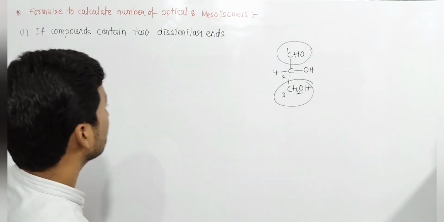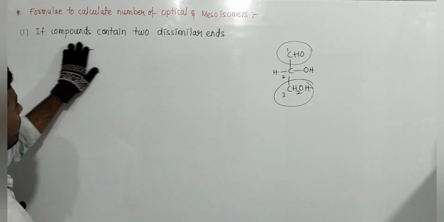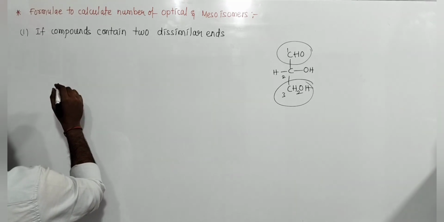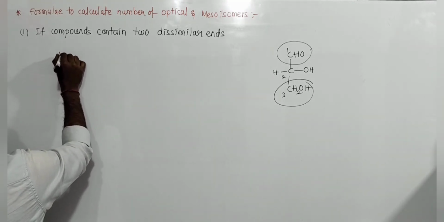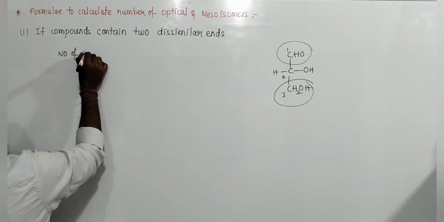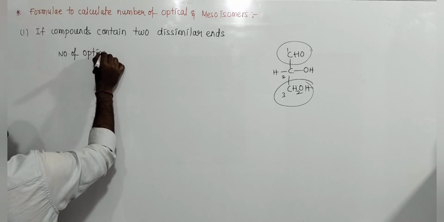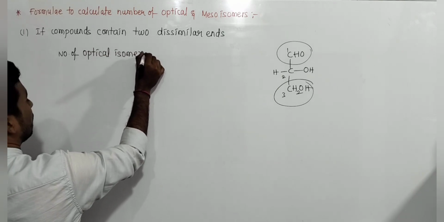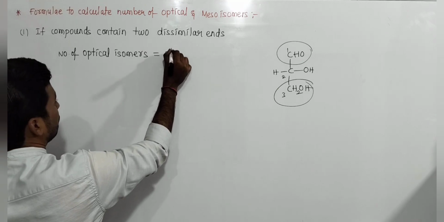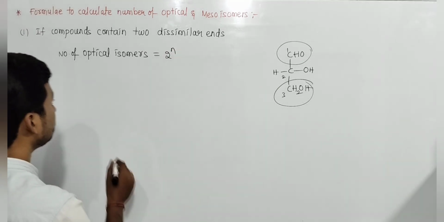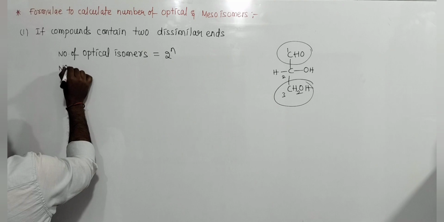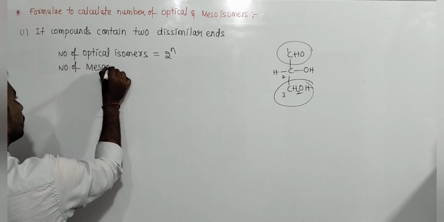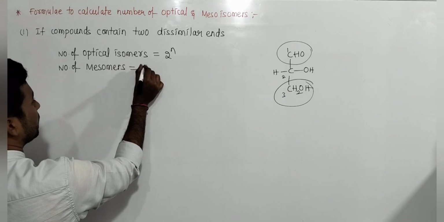Thus, when a compound contains two dissimilar ends, the number of optical isomers is equal to 2 power n, and the number of mesomers is equal to 0.